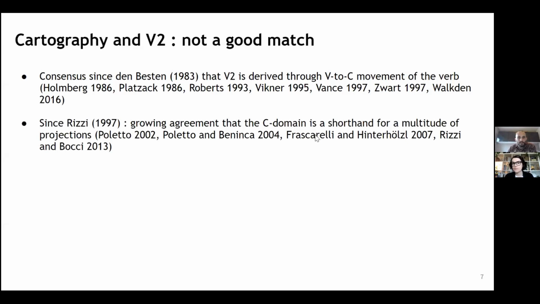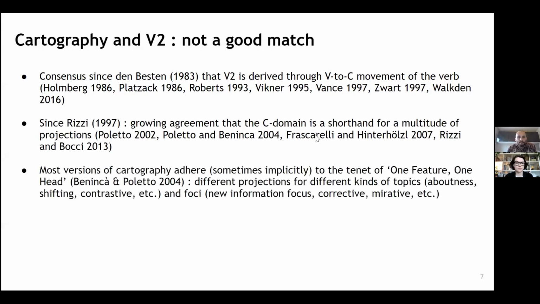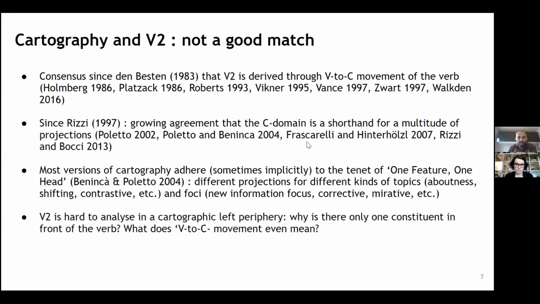Here are just a handful of references. And furthermore, most versions of cartography adhere to this tenet of one feature, one head, which means that there will be different projections for all kinds of topics and foci, etc., which means that the left periphery easily grows very rich. And this is very hard to reconcile with the facts of V2.